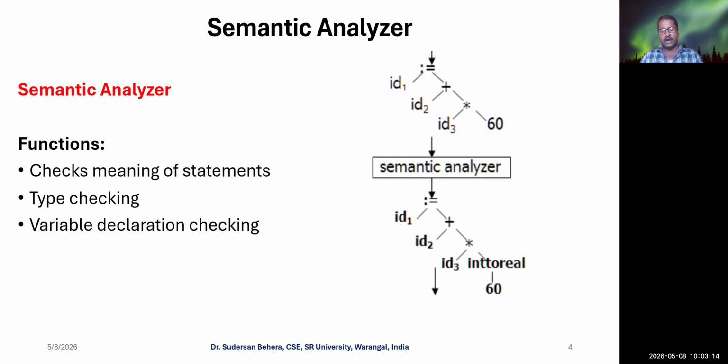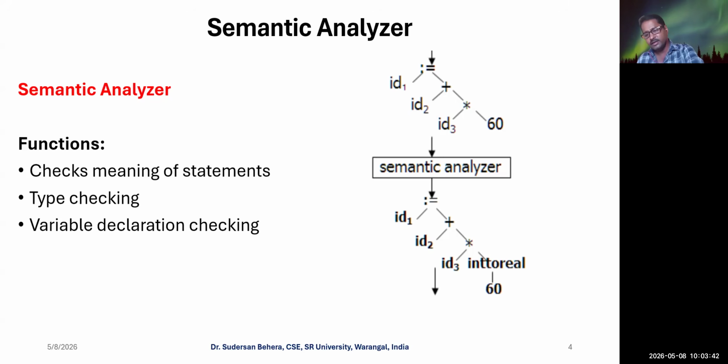A tree has a root and it has many nodes and many leaves, I mean interior nodes and child nodes. This passes to the semantic analyzer. Then what the semantic analyzer does is scan the tree again, once again scanning the entire tree to check the meaning of the sentence.